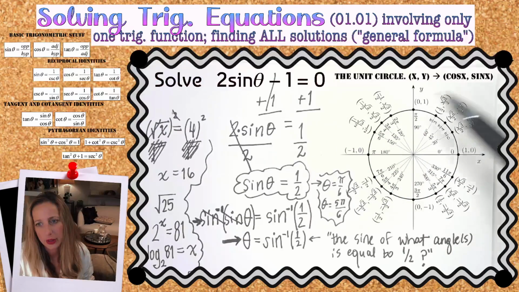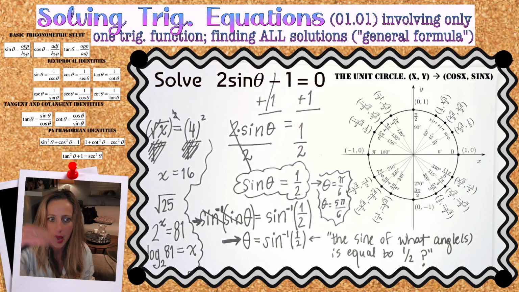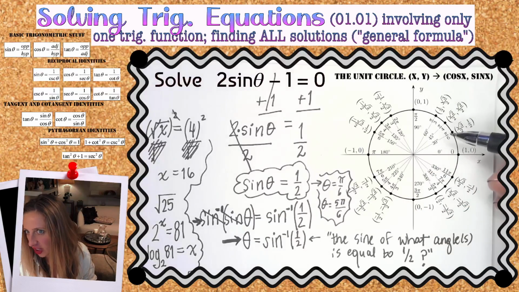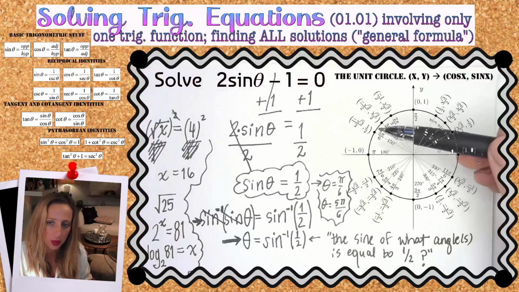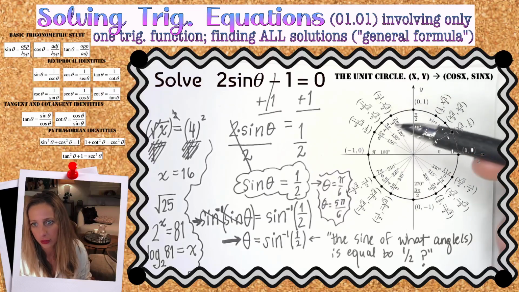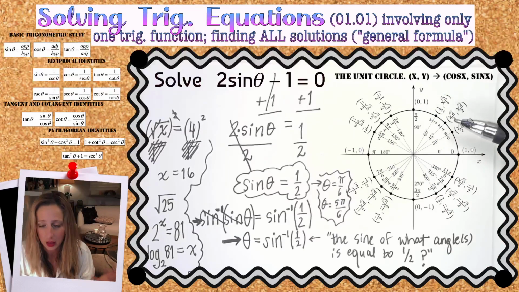Well, remember, periodic, cyclic, that same pattern over and over again. It reoccurs the same distance apart. 12 noon happens at the same time every day. So how do I figure out all of the coterminal angles for pi over 6, and all of the angles coterminal at 5 pi over 6? Well, I need to add a full loop, or subtract one, adding a negative.